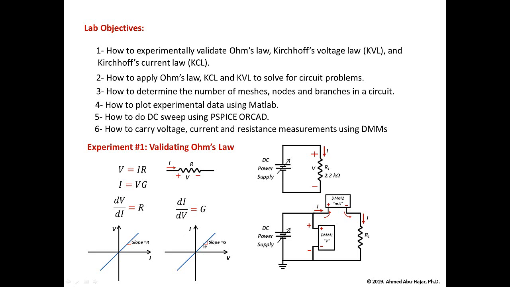So I want you to plot the data points in MATLAB and then compare it with the PSpice simulation. So this is the first experiment we're going to have, which is basically validating Ohm's law. And the data should match the PSpice OrCAD simulation.